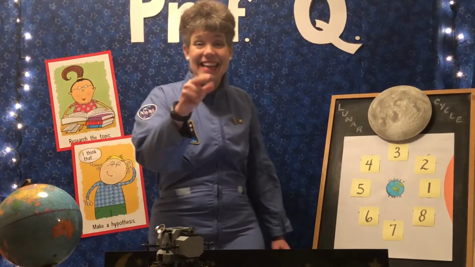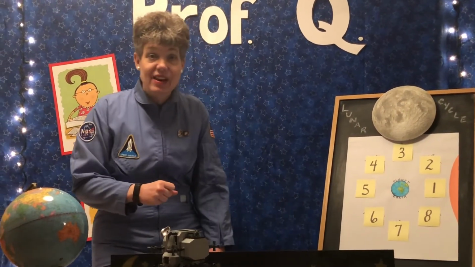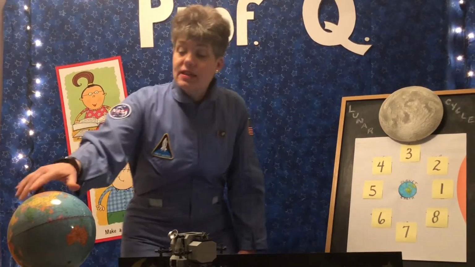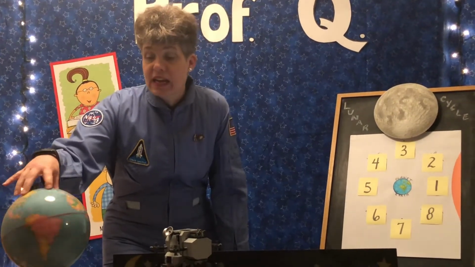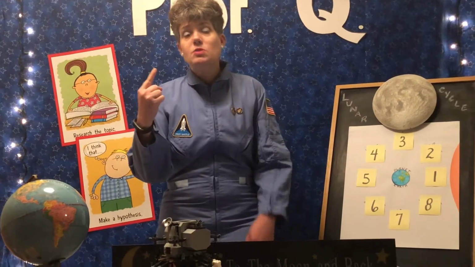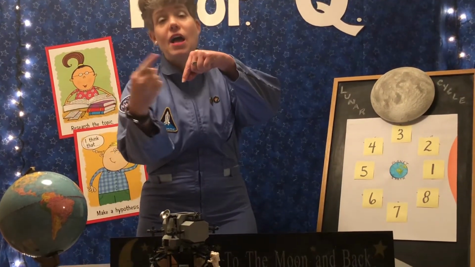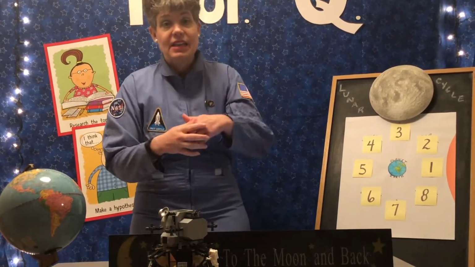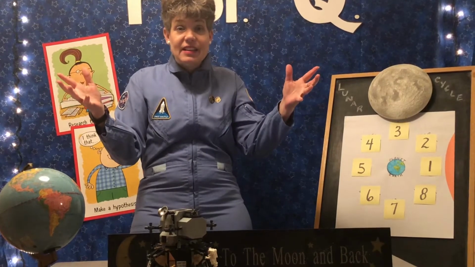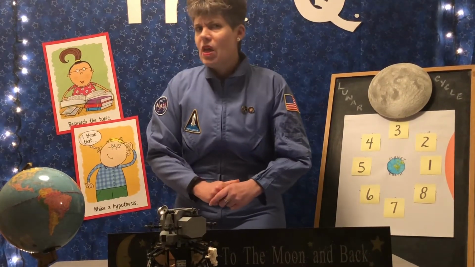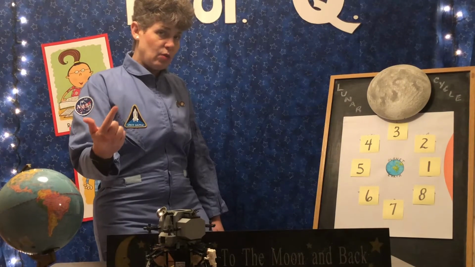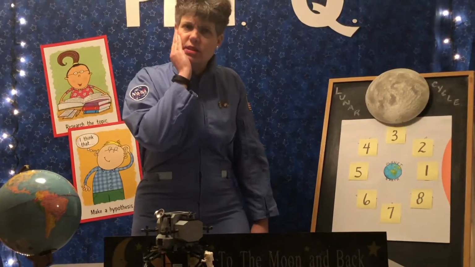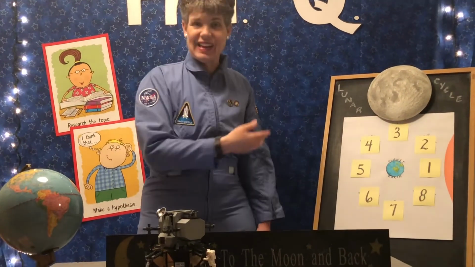It's the sun. That's correct, our primary source of energy. So as the Earth is rotating, it's also spinning around the sun. Isn't that wonderful? Well, so if the Earth is rotating and revolving, my question is, what is the moon doing?